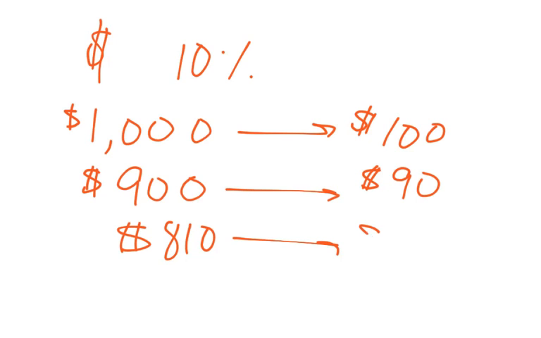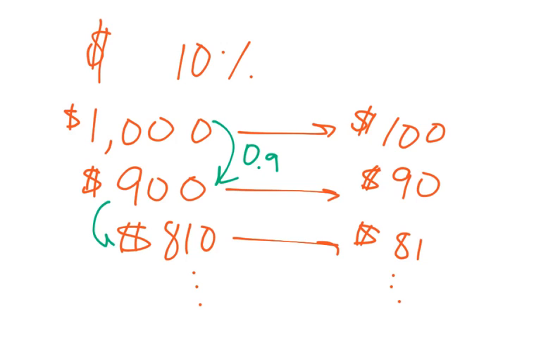Now is where the numbers start to get kind of strange, because 10% of that is 81. But what this means is that I'm not really just taking 10% as I go down here. It's really like I'm taking 90%, which as a decimal is a fraction between 0 and 1.